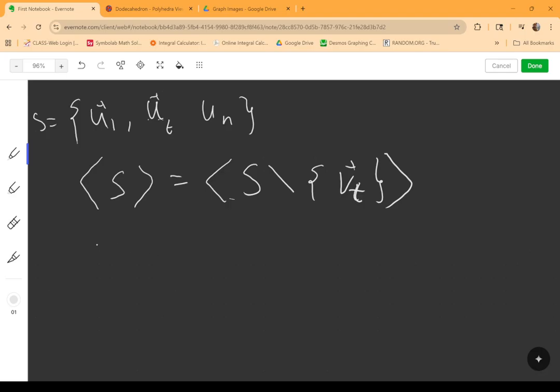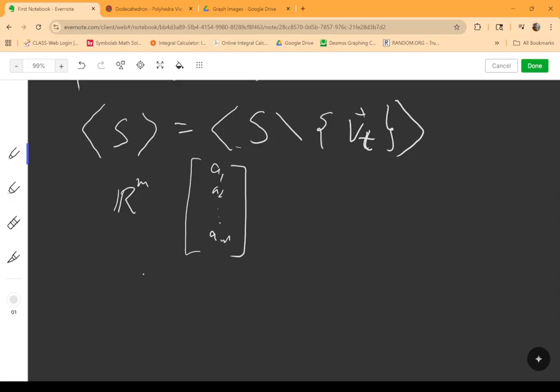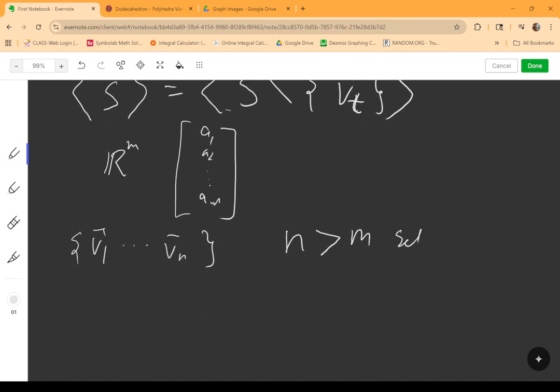Let's say we're in R^m, so vectors that have m entries. If we have n vectors, v1 to vn, and n is greater than m, then automatically you don't need to do any more work. The set is linearly dependent.